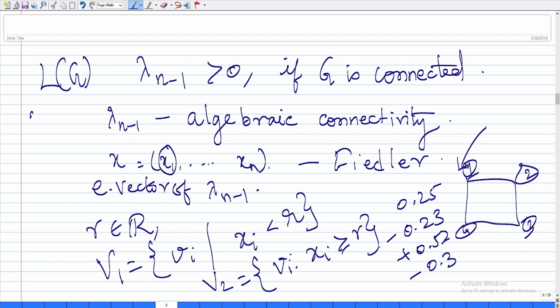So if I am trying to look for a cluster in my network, this Fiedler vector gives me all possible clusters. When I look into this r, I am trying to collect all those vertices which are close by. Less than r means they are all close together, or at least they have a common behavior pattern, right.